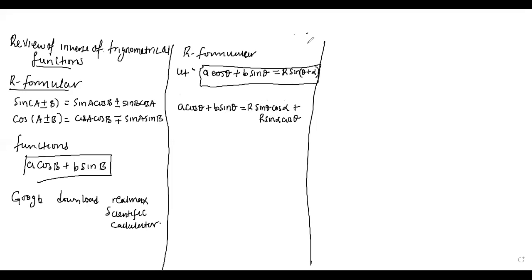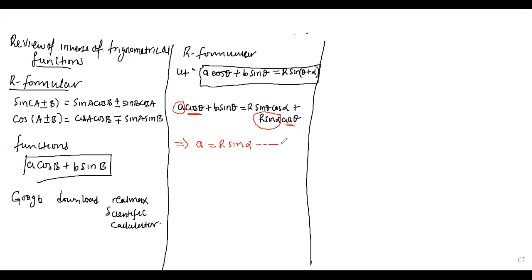Then from this, identify which one is which. If you see cos theta, where is cos theta? It is right here. It implies that the coefficient of cos theta is going to be the same as the coefficient of cos theta on the left-hand side. Therefore, A is equal to R sine alpha.